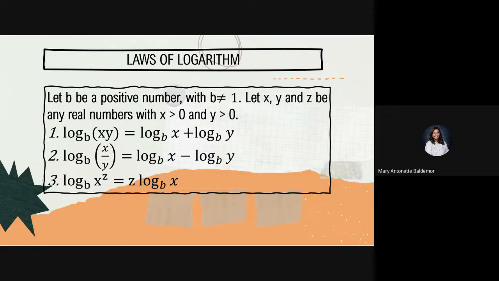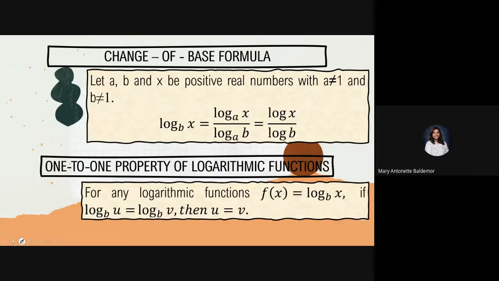And lastly, the logarithm of x raised to z with base b is just equal to z times the logarithm of x with base b. Now, please be familiarized with the laws and the properties of logarithm, since this will help you to solve our logarithmic equations.